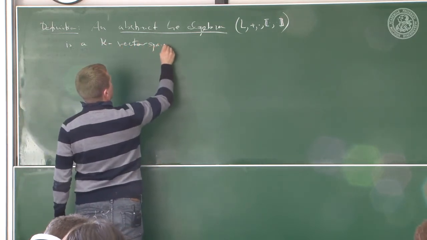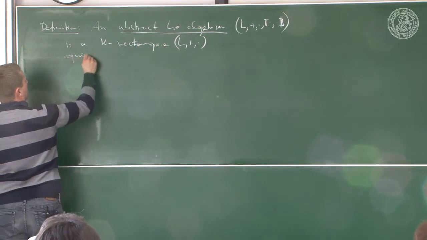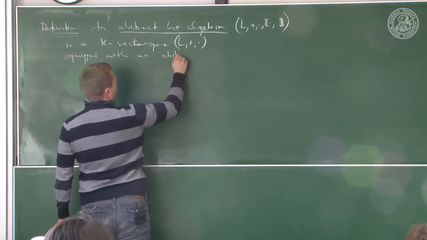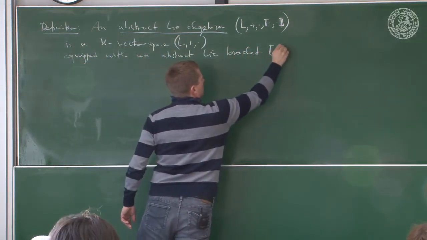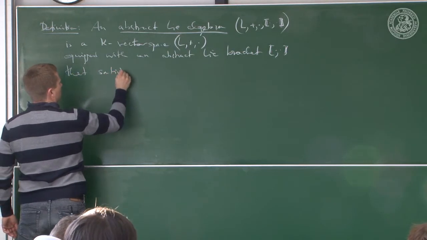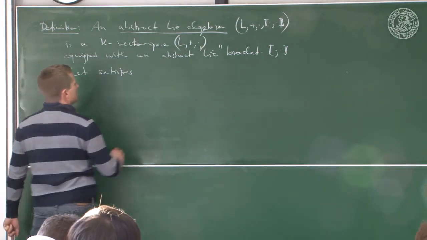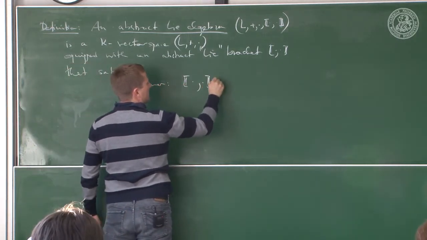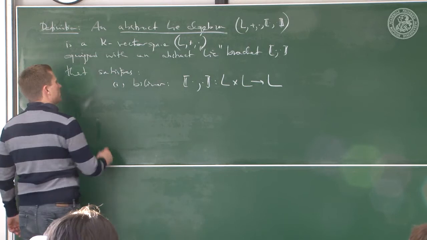It's a K vector space, L plus scalar multiplication, equipped with an abstract Lie bracket, double bracket, that satisfies: so it's a Lie bracket, and what Lie means is that first it's bilinear, so it takes two elements of the abstract Lie algebra and maps it to an element of the abstract Lie algebra.